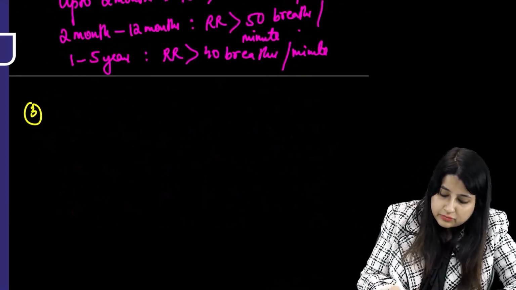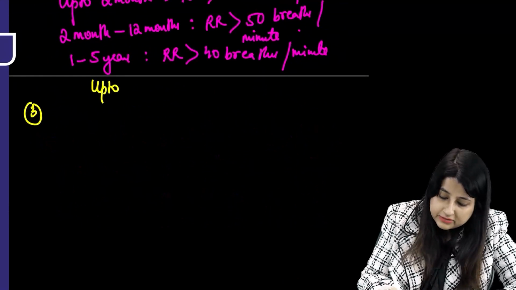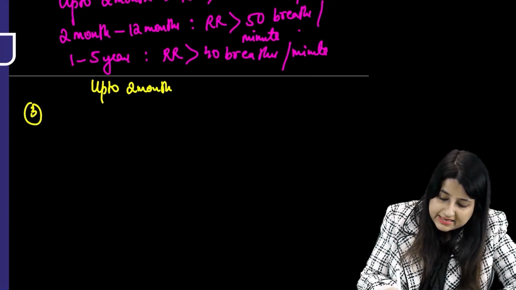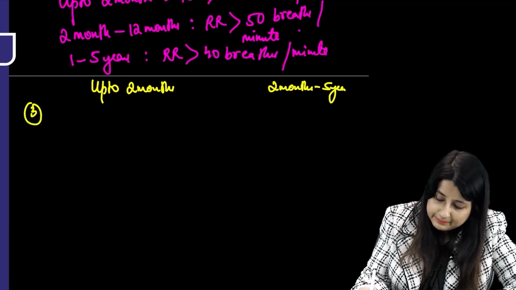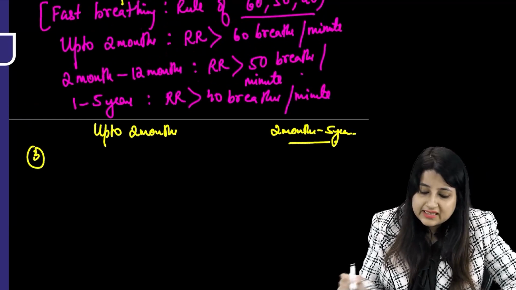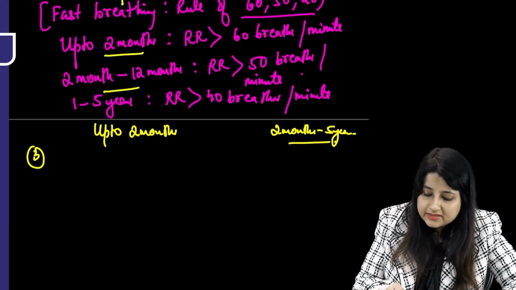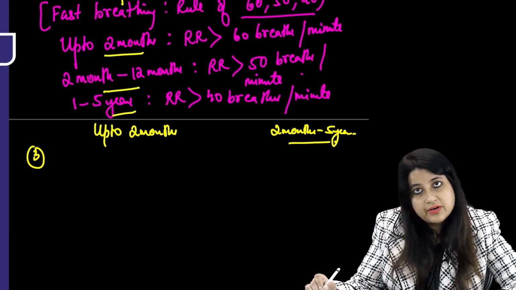Remember, here we are still talking about up to 2 months, and here we are talking about 2 months to 5 years. But for fast breathing, we have classified into up to 2 months, 2 months to 12 months, and 1 to 5 years.